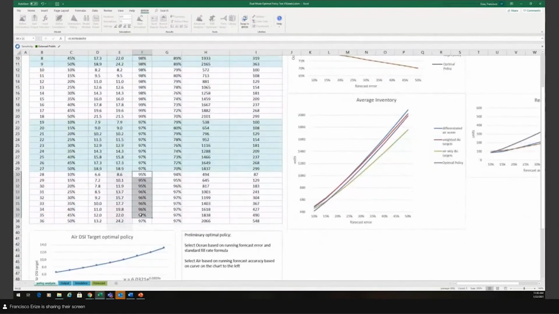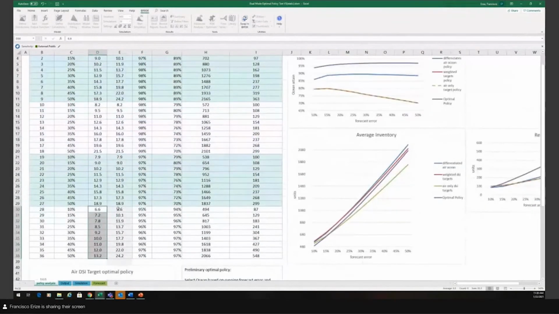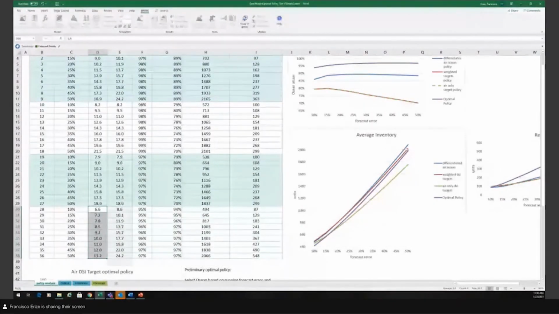Whereas when I do this, depending on where I'm moving on the errors, I'm closer to the 95 that I want. And you can see that what's going to happen is I'm going to use much less air because I'm shaving these numbers from what I was doing before. Here you can see the average inventory position. The purple line is this policy, which is the one that I'm calling the optimal policy.